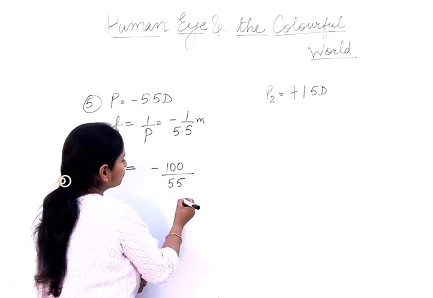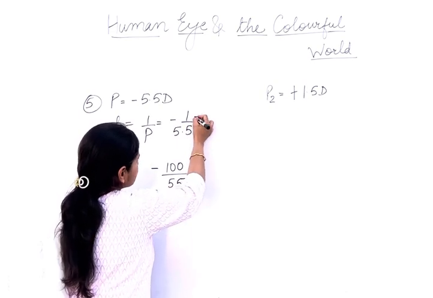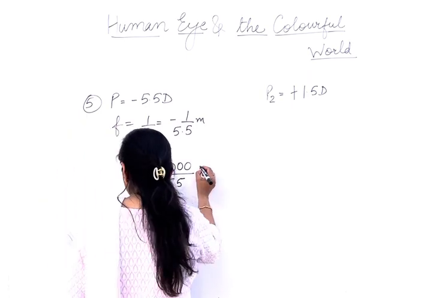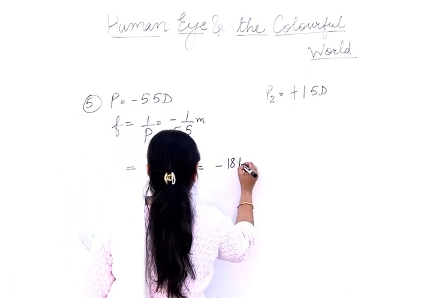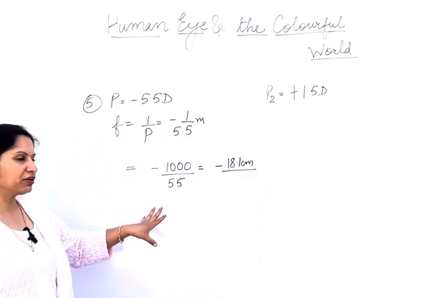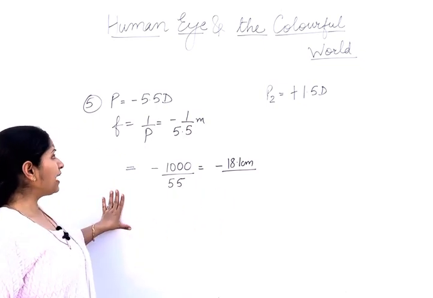But I would like to remove the decimal as well. So by removing the decimal, I'll just get a 0 in the numerator. Fine. If we divide that, we'll get minus 18.1 centimeter. Just divide that and you'll get the answer as minus 18.1 centimeter. That will be the answer.